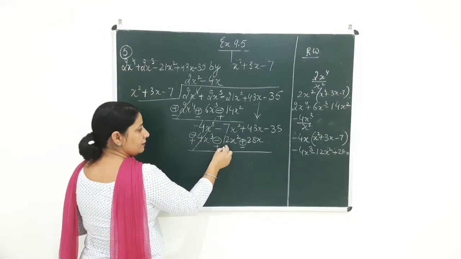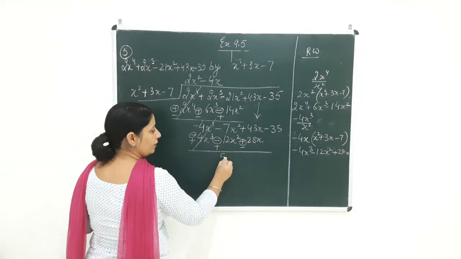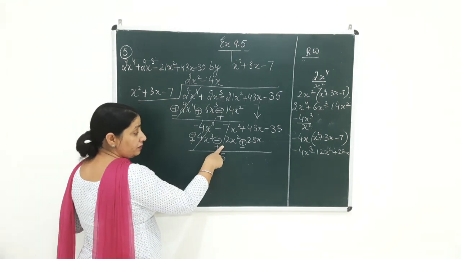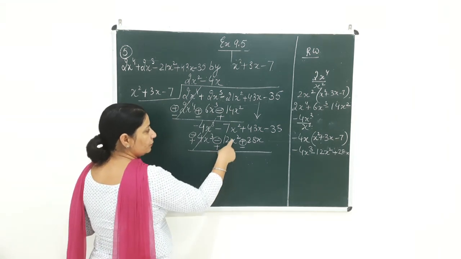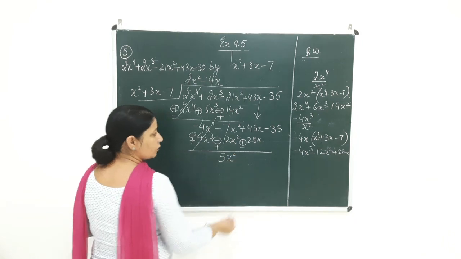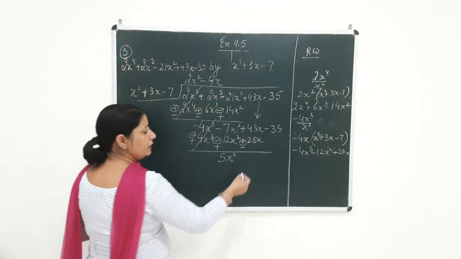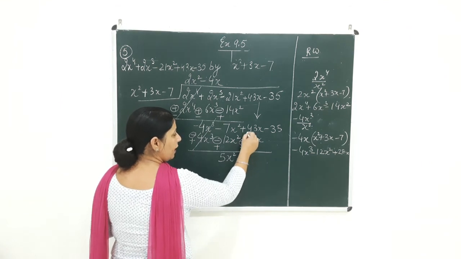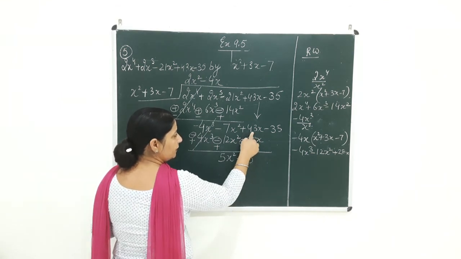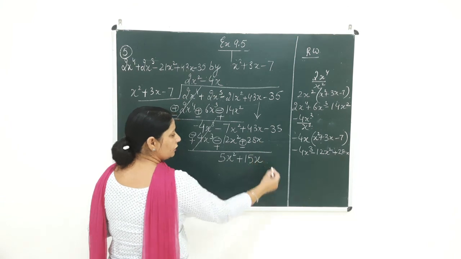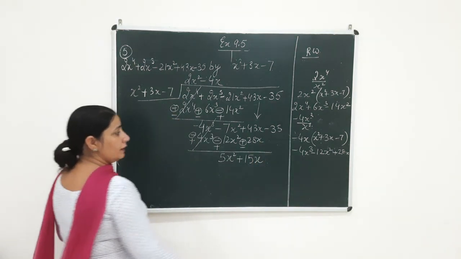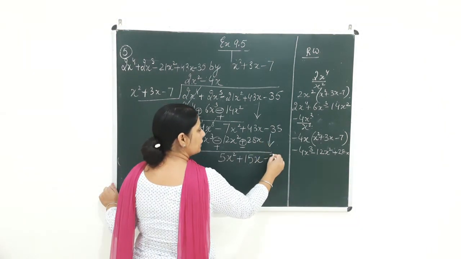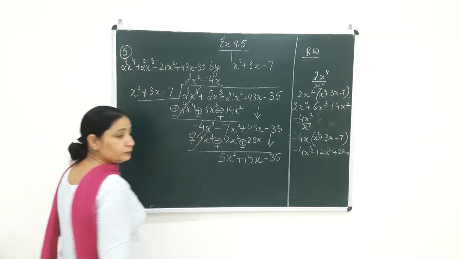Plus minus minus, 12 minus 7 is equal to 5, because 12 is the greater number, so you will put a positive sign, and along with that you will get x square. Similarly, 43 minus 28 will give you 15, and the sign with that will be positive, beta, because 43 is the bigger number. And the last term, let's bring it down, that is equal to minus 35 now.